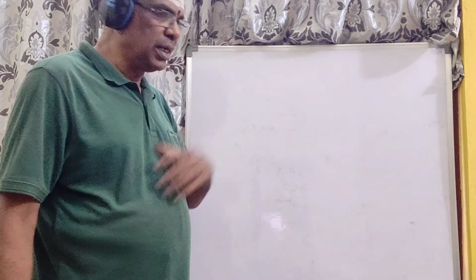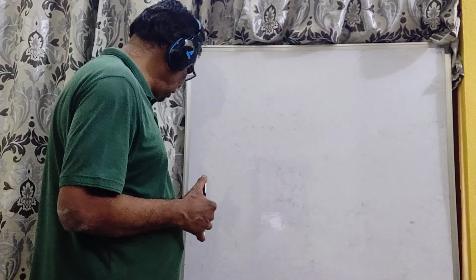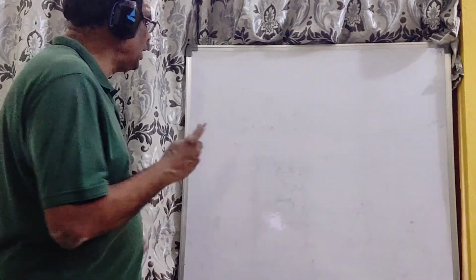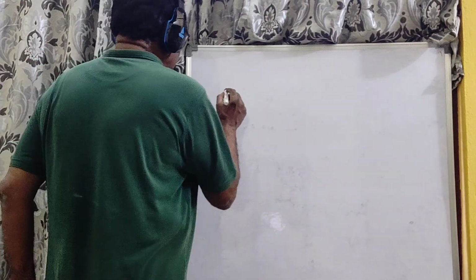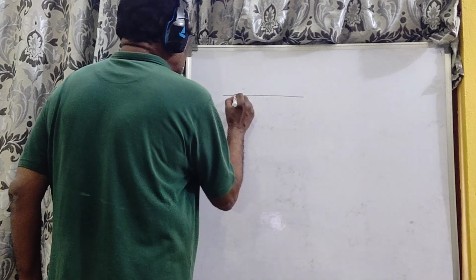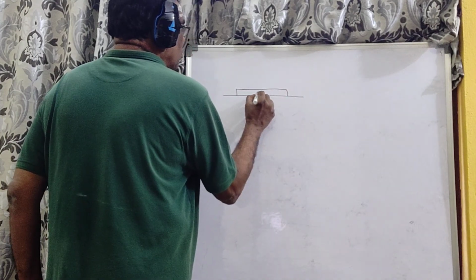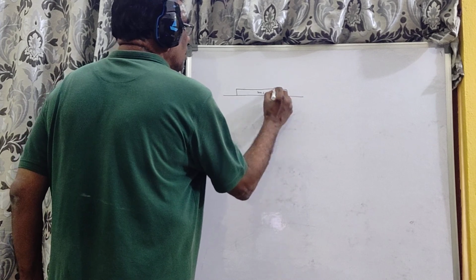Now, with this background, we enter another arena of friction. This is generally very confusing to people I saw. Very confusing. What exactly is that? Say, here are bodies.